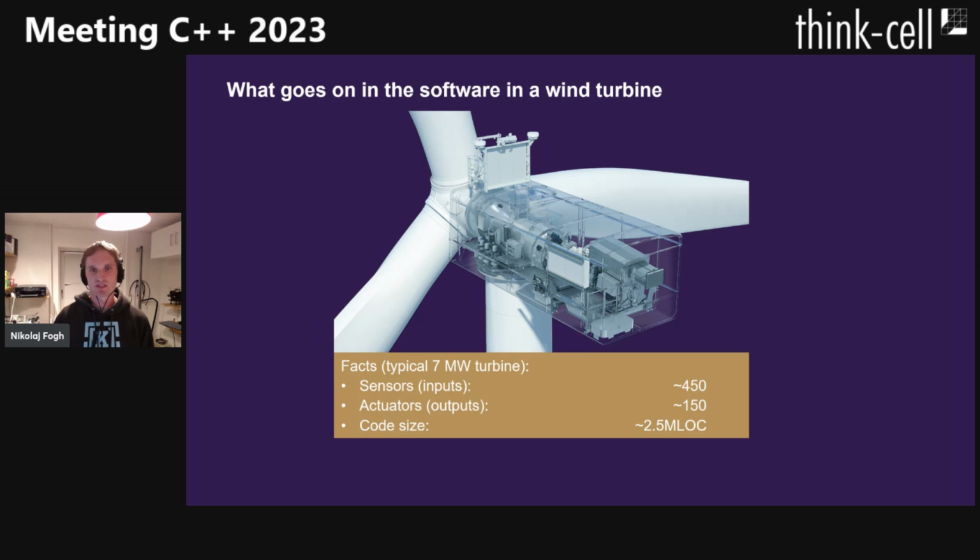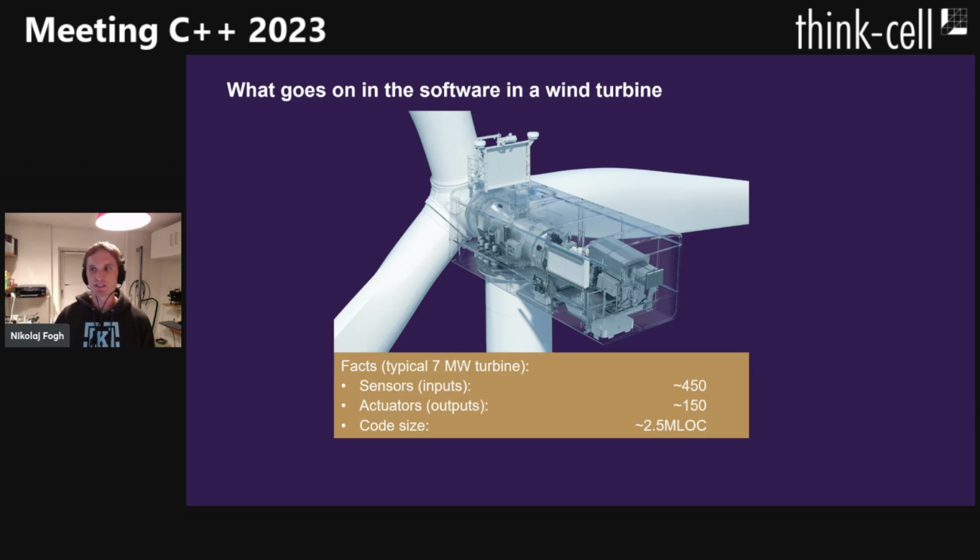We have valves, we have pumps, we have fans, we have motors. We've got basically everything. Here we even have a sensor, which is basically a microphone that can sense if some technician has lost a tool while he was up there and it starts to make a lot of noise. We have a sensor for that. So a lot of sensors. Our code size is around 2.5 million lines of code, so a fairly sizable piece of software.